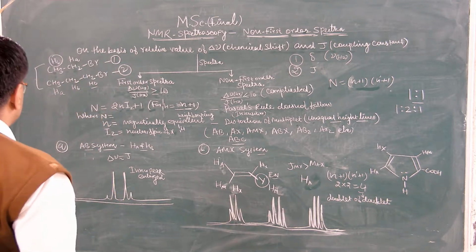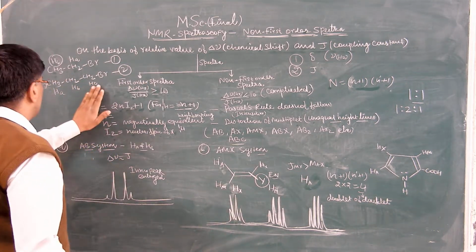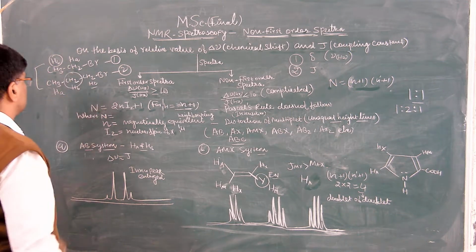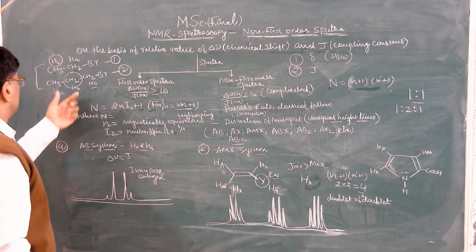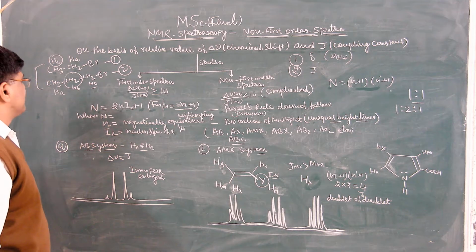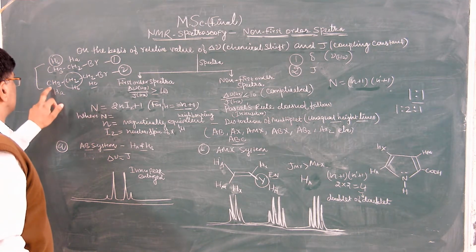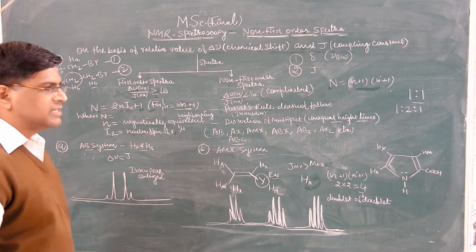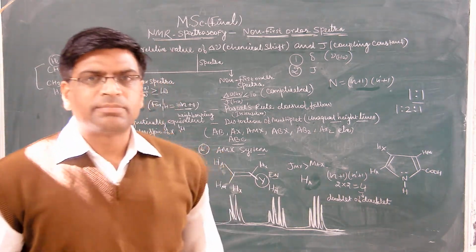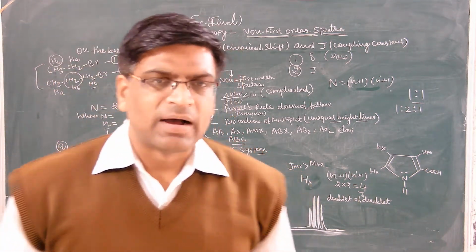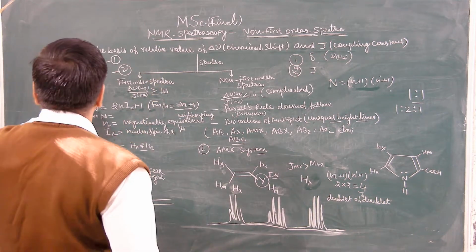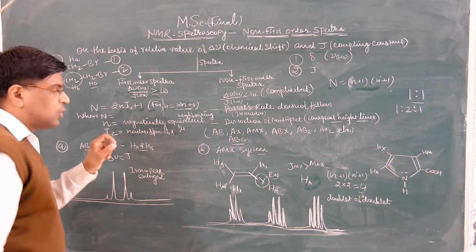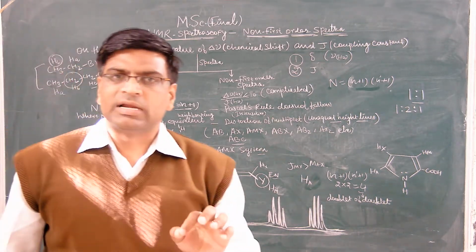But in the second case, 1-bromopropane, these protons are in close proximity with CH3 type of protons and CH2 type of protons, and the protons surrounding them are not magnetically equivalent.